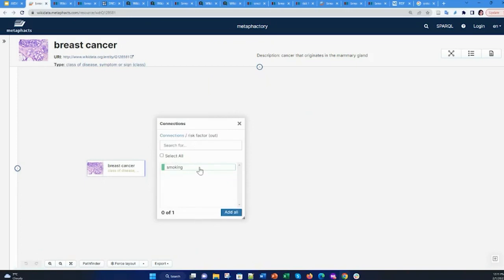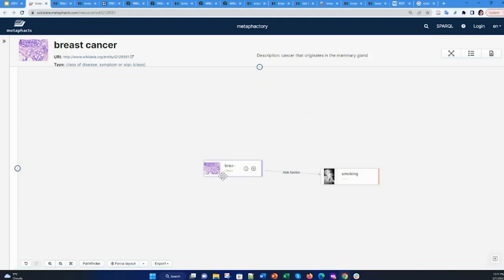We have mentioned only one risk factor, which is smoking. This doesn't mean that these are all risk factors. This is the current information in Wikidata, which can be extended with additional information. Here we see two concepts, breast cancer and smoking.